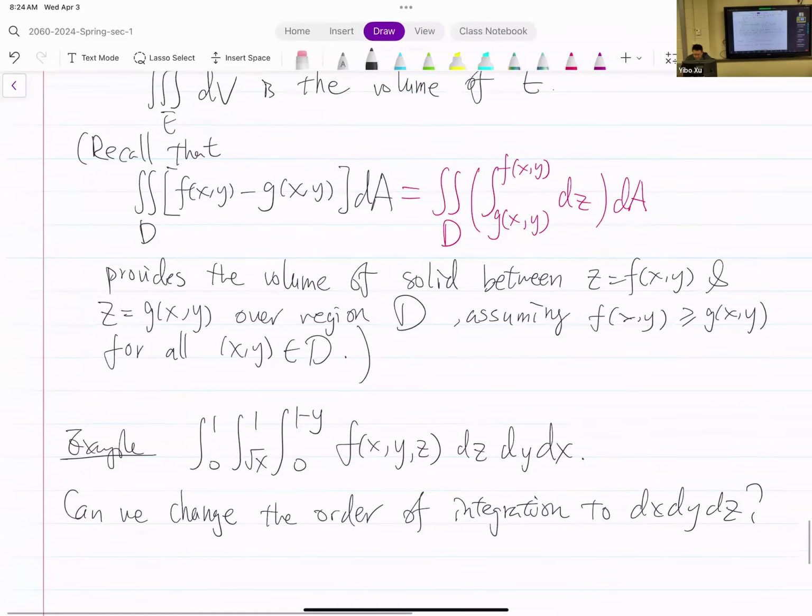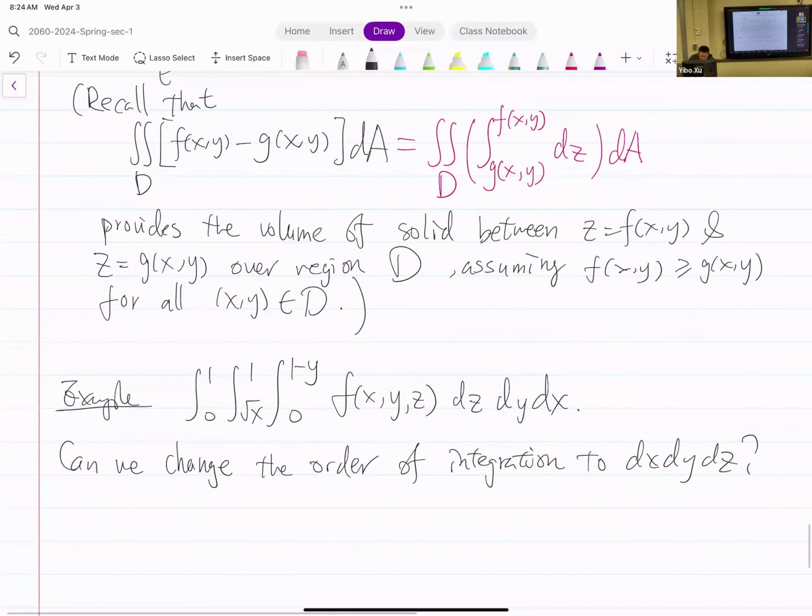So basically, what's the difference? The difference here is that for dz dy dx, we are projecting onto the xy plane. Okay, and further, x is free and y relies on x.